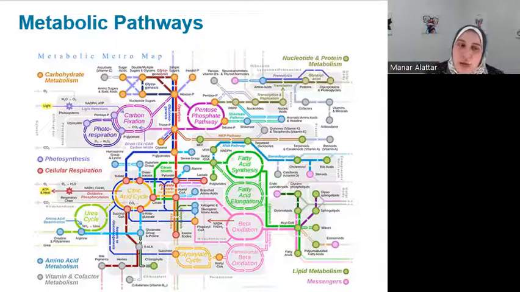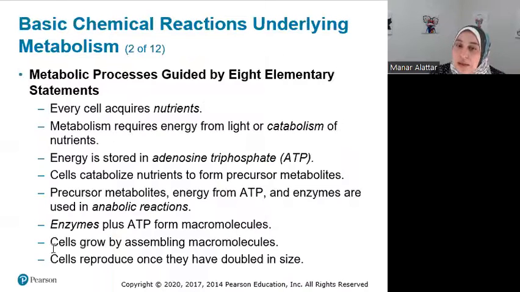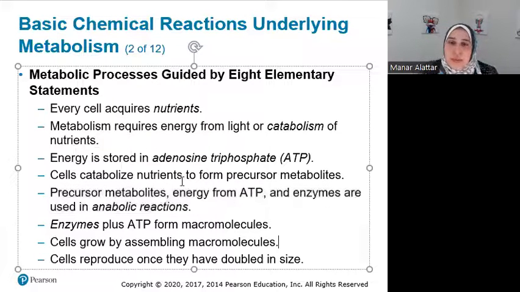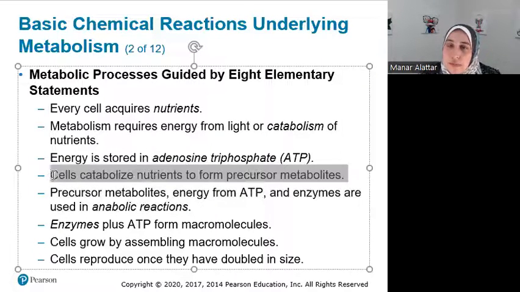And this is also important on the community level. Precursor metabolites sometimes are made by cells within a community and picked up by another organism. And so symbiosis actually builds on this same concept.